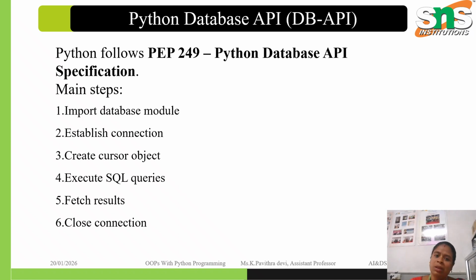Your code looks similar whether you use SQLite, MySQL or PostgreSQL. The purpose of the database API is to provide a uniform way to access databases, make code portable across different database systems, and simplify learning and development. The main steps: import the database module, establish the connection, create a cursor object, execute the SQL queries, fetch the result and close the connection.